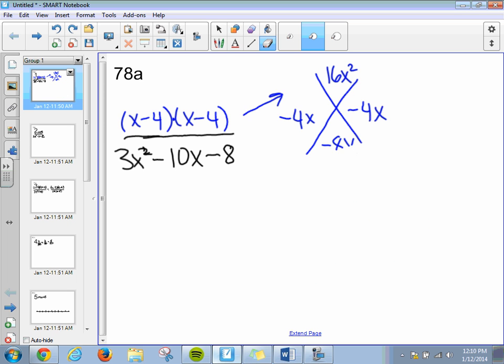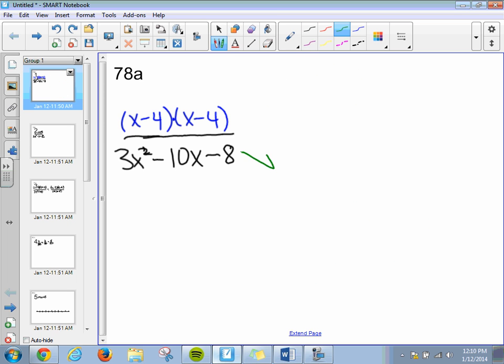All right, so what we did to the top, we're going to do the same thing to the bottom. If we look below, we'll do our diamond. On the top, we should have a negative 24x squared, and below a negative 10x. What we're looking for is a positive number and a negative number.